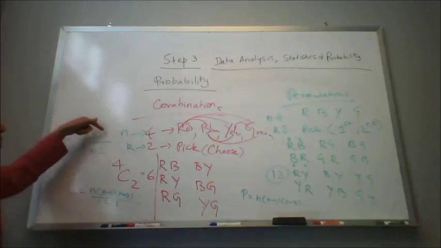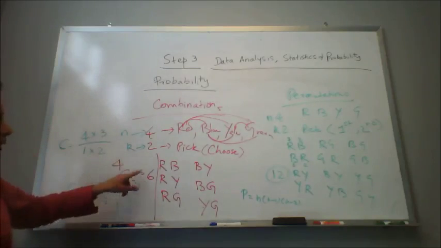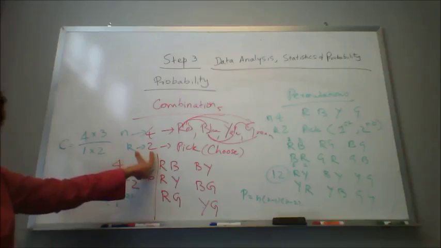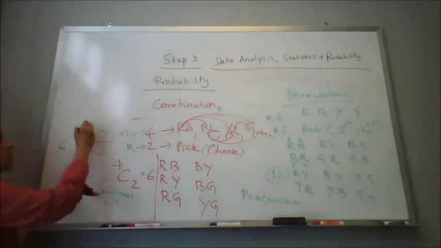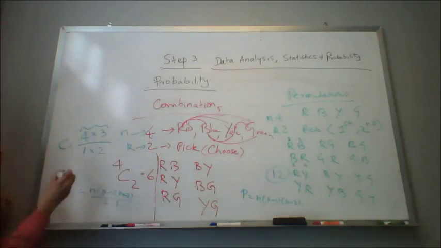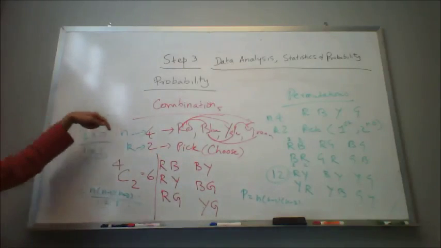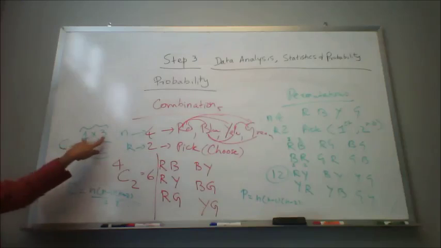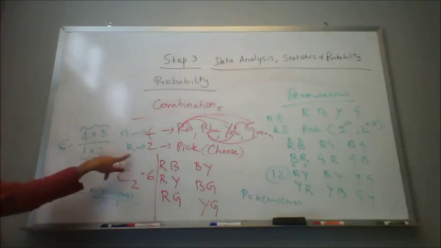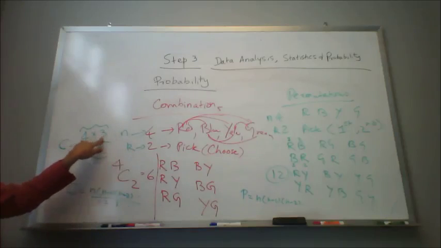And then how far do you go? If I'm picking only 2, you stop at these 2 numbers on the top, and the 2 numbers on the bottom. So you always start with n and keep going down by 1, and how long you go depends on k. If k is 2, you go only 2.